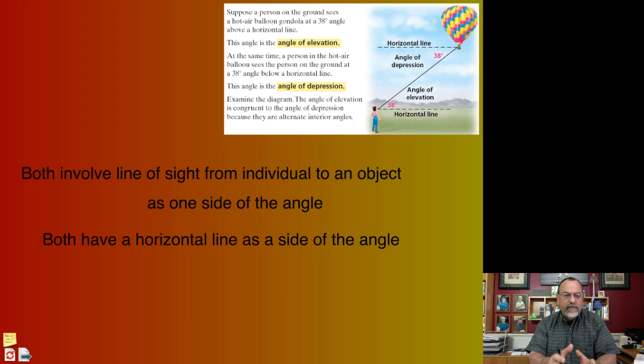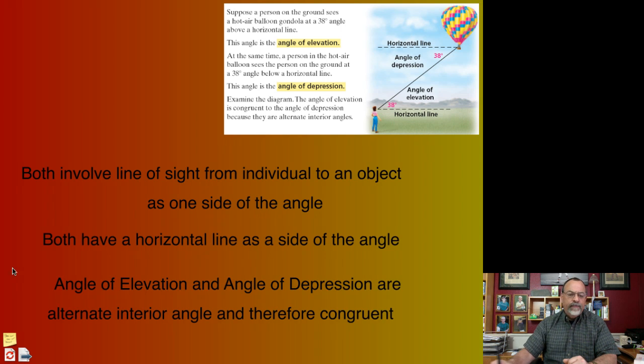Now this is very important for you to remember, that an angle of elevation and an angle of depression must have a horizontal line as one side of the angle. Remember that as we move forward. Very important. And then angles of elevation and angles of depression are alternate interior angles, and therefore they are congruent.